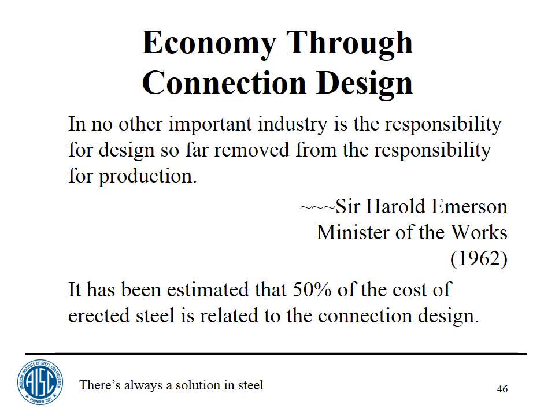Then it has to be shipped. So if it's not easy to ship, that's going to cost money. Then it has to be erected. And then you've got painting or galvanizing and things of that sort, and depending upon the connections, that could be easy to do or not so easy to do. So if you put all that together, I don't think the 50% is all that high. And maybe not for a Walmart or a Home Depot or that sort of thing, but for any kind of a really complex building, it's probably not too unreasonable.